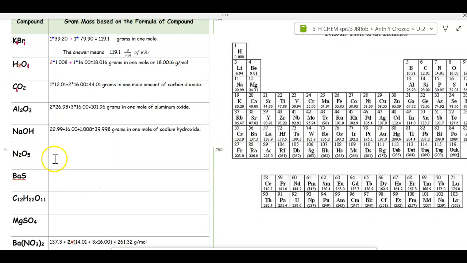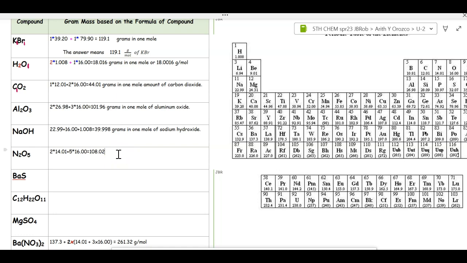All right. So now N2O5 looks complicated, but when we calculate it, we just put 2 times nitrogen, which is 14.01, plus 5 times, using an asterisk, 5 times 16.00, 108.02. Nothing is difficult when you let OneNote do the math for you, all right?